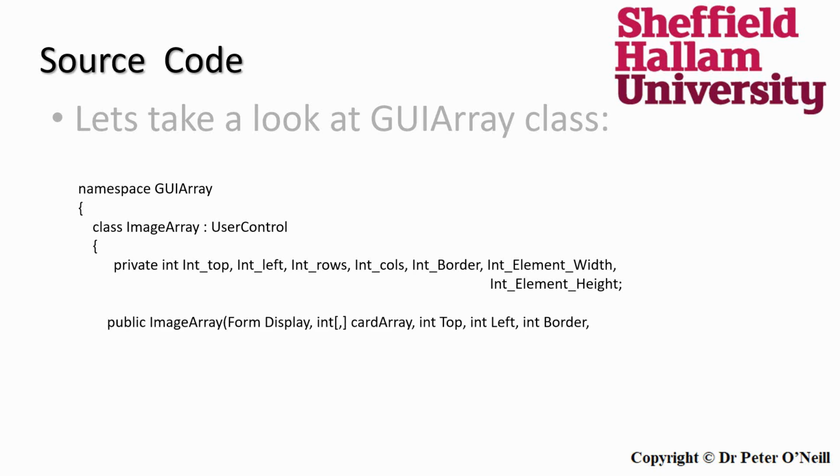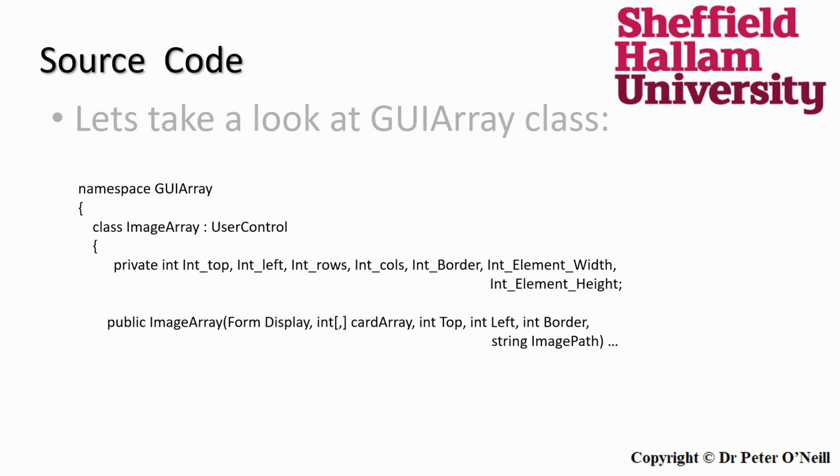Then we've got a public image array, which is the constructor for the class, and we call that and send it this form, or this, which is the form that we want it to put the images onto.